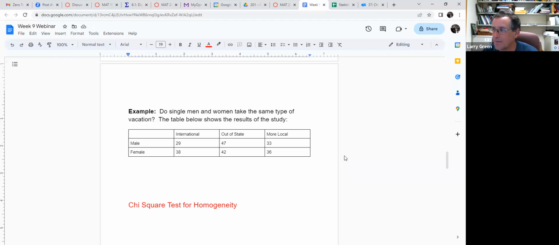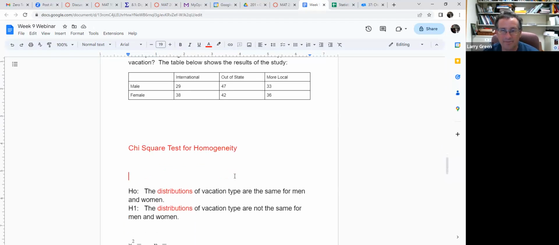Does that make some sense? Yeah, so it's different than independence. Independence is when you find out, for 2 survey questions, are they independent of each other? Here it's, are the distributions of one group the same as the distribution of another group?